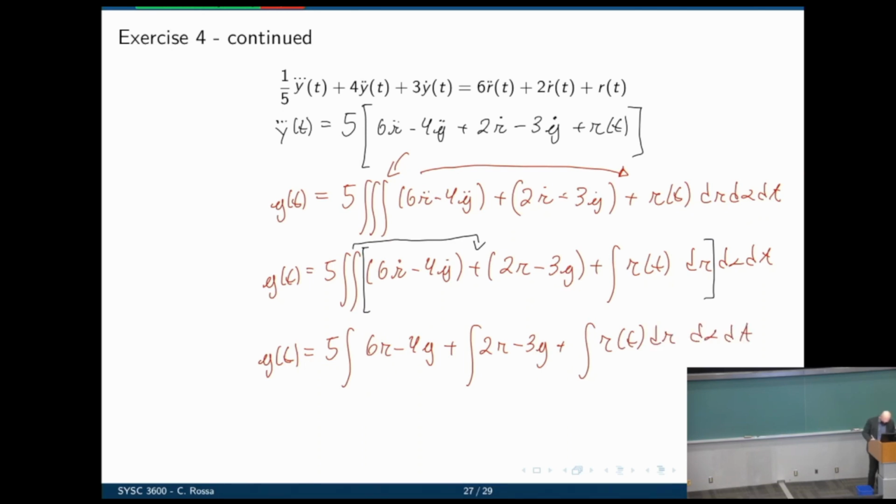Now remember that this integral is integrating all terms up to this point, and this integral is integrating everybody as well up to this point.